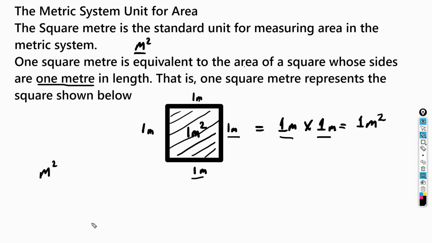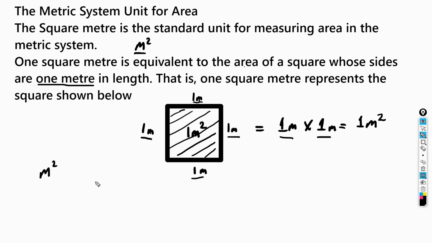So if we look at this square shown below, we can see 1 meter, right? The length of each side of this square is 1 meter by 1 meter by 1 meter by 1 meter. So to find the shaded area in this region, we have to multiply 1 meter by 1 meter, hence why they call it a square.